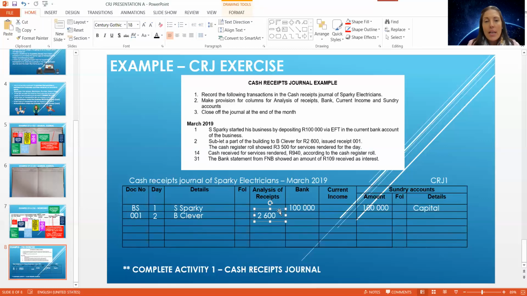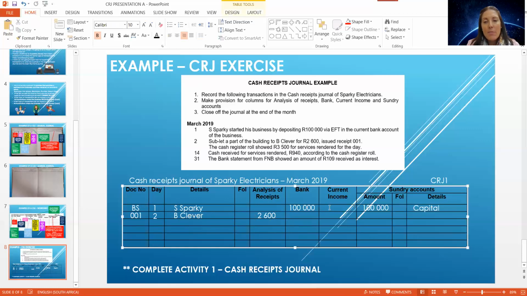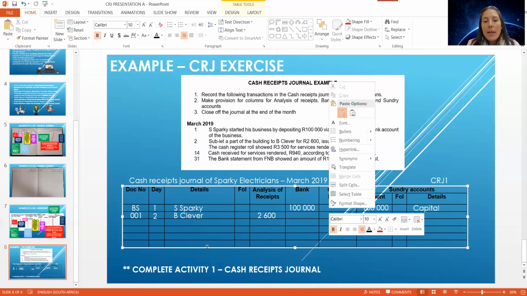So let your eyes just go down a bit, and there it is. Still on the second, there was another transaction. The cash register roll shows 3,500 for services rendered. So can I put the money in the bank yet? No, I'm leaving that 2,600 Rand in the analysis of receipt in the till. But I must still record why I received that money. And why did we receive the money?